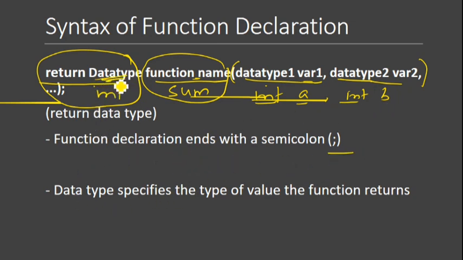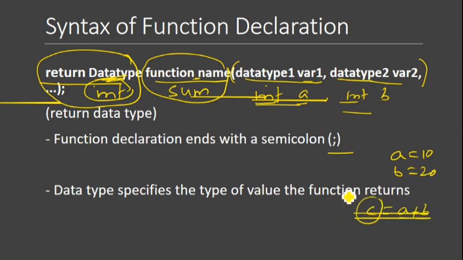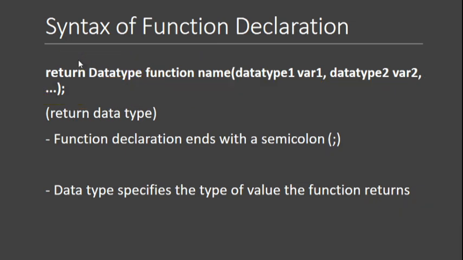The data type specifies the type of value the function returns. It returns an integer value because I am using int a, int b. For example, a equal to 10, b equal to 20. The addition of a plus b: if a and b are integers, the addition of two integers gives an integer only. So the return data type is integer.